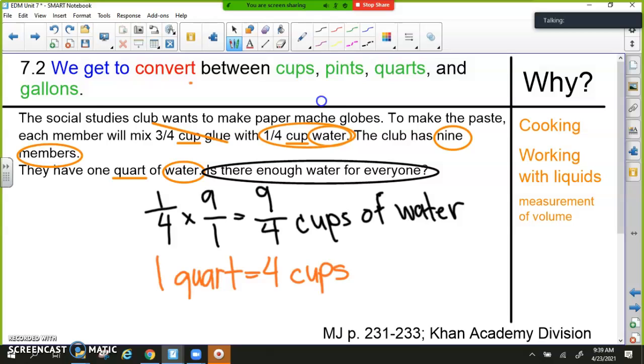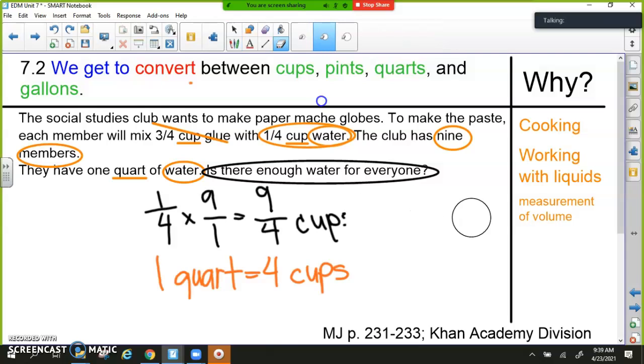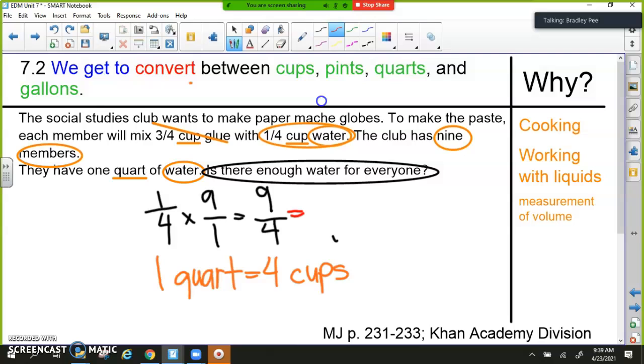But wait, how many cups of water are they really using here? What's your thought? Okay, so this 9/4 actually equals 2 1/4 cups. The way you know is because there are two groups of fourths in that nine, right?